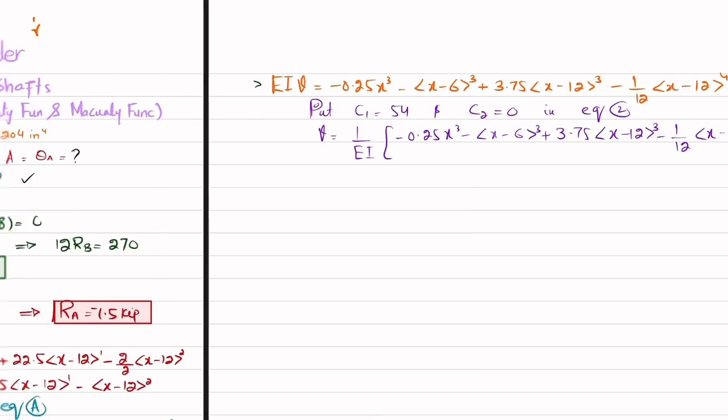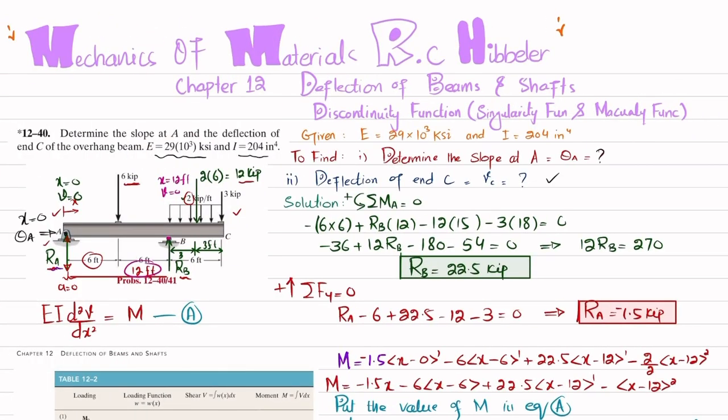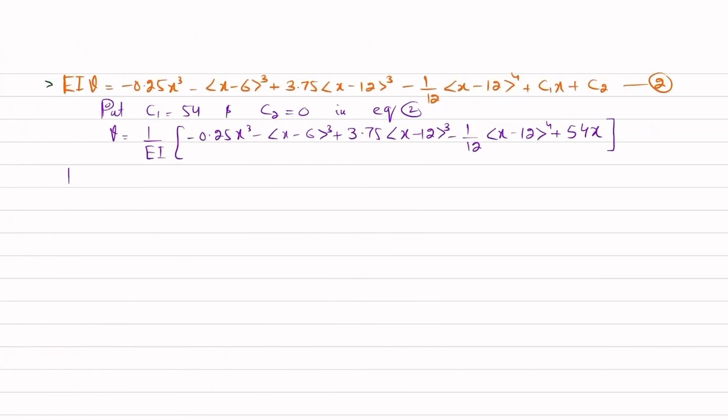Now we have been asked to find the deflection at end C. So here you have to find deflection, so x will be equal to 18 feet. So you have to find deflection, which is vC. So put x is equal to 18 feet.